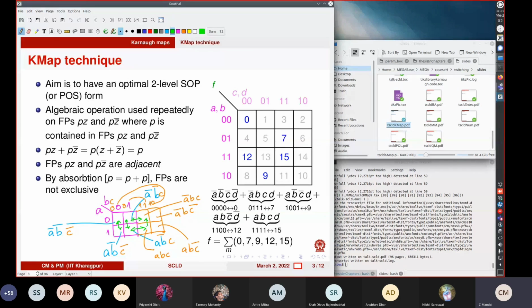These are adjacent. More interestingly, these are adjacent, and also these are adjacent. So all the squares are adjacent.